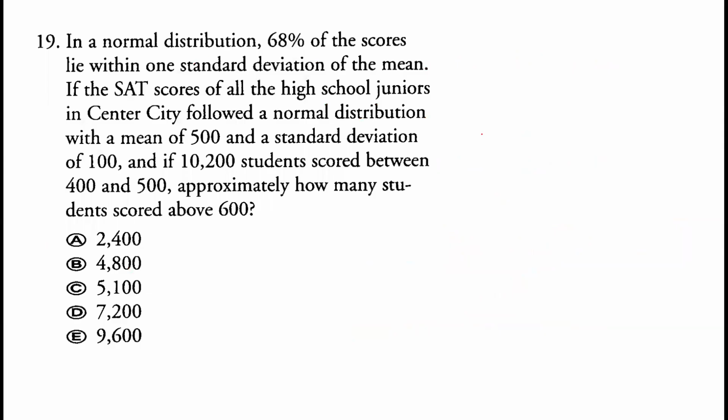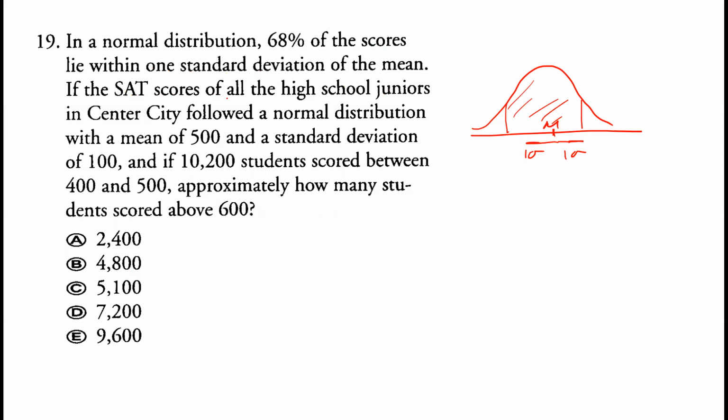Okay, in a normal distribution, 68% of the scores lie within 1 standard deviation of the mean. So this is your mean. So 68% of your data set would be within 1 standard deviation of the mean.